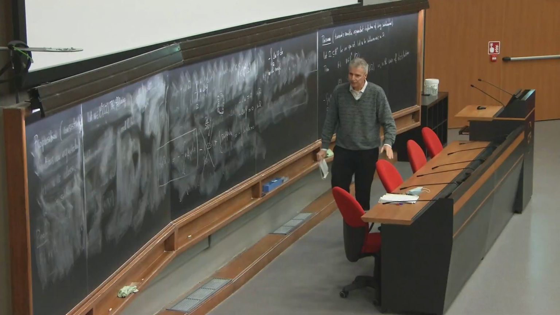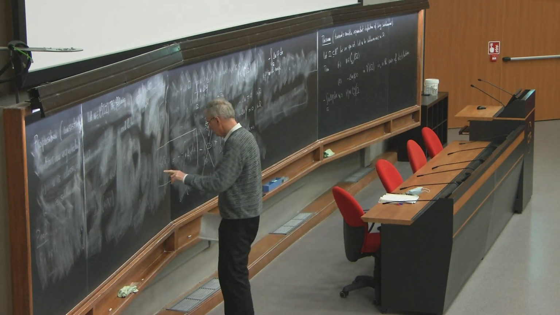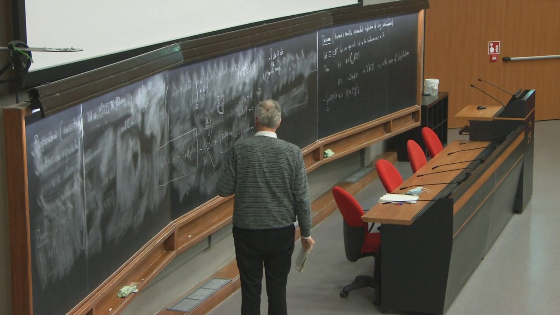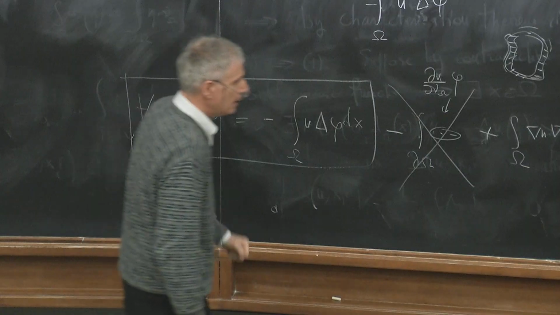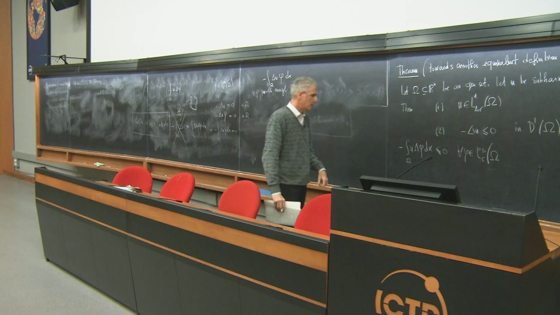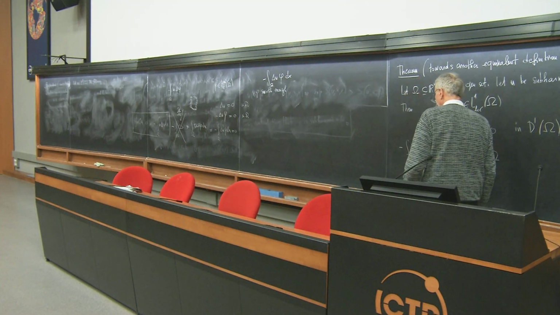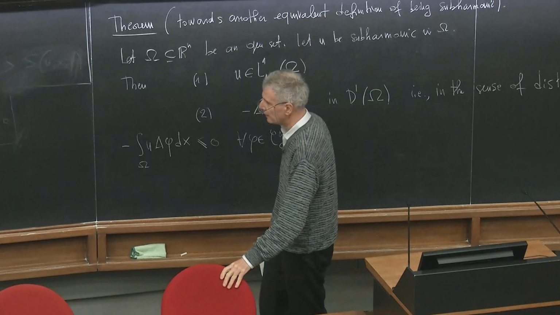Now, so we accept this, but the problem here, why I was trying to convince you that this is a reasonable definition, is that we don't have an equality, we have an inequality.